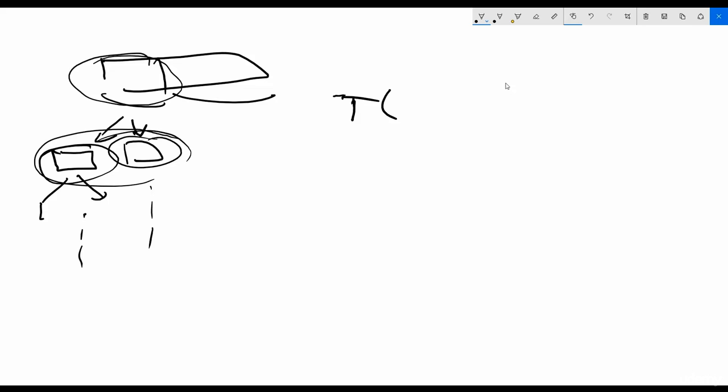So an algorithm T of size n could be written as a times T of n divided by b plus n to the power of k. Okay? It could be more complicated than this, but most of the algorithms you're going to deal with could be written like this. Okay? So what is the a, and what is the b, and what is the k?